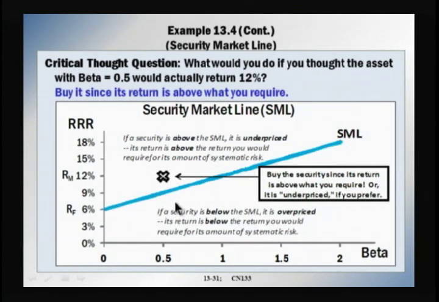So its price will get pushed down, its return will get pushed up until it lies on the security market line where its expected return equals its required return, and we expect it to fairly reward us for its amount of systematic risk as measured by its beta.